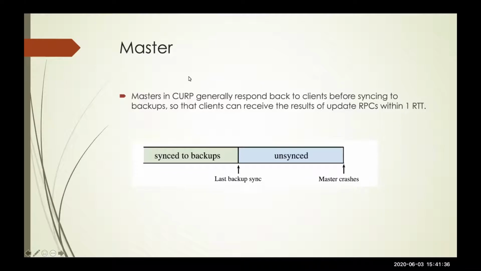The few things it does extra is that master in CURP generally responds back to client before syncing to backups. So the client can receive the results of update RPC within one RTT. So if you see this diagram, there are two parts, synced to backups and unsynced part.